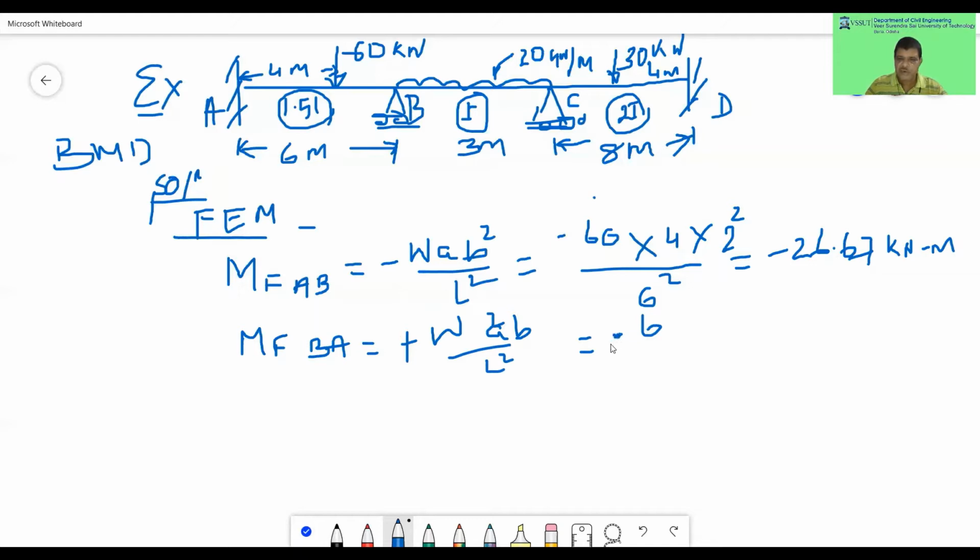So this is equal to W a squared b by L squared, and this comes out to be 53.33 kilonewton meter. Right? Because this is plus, so this is minus, this is plus.